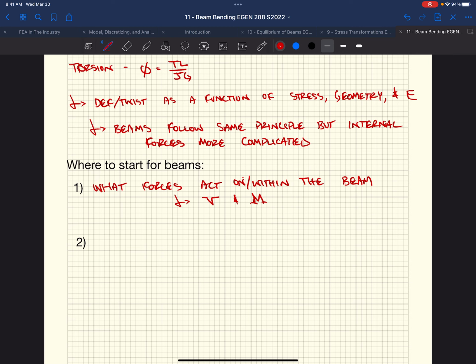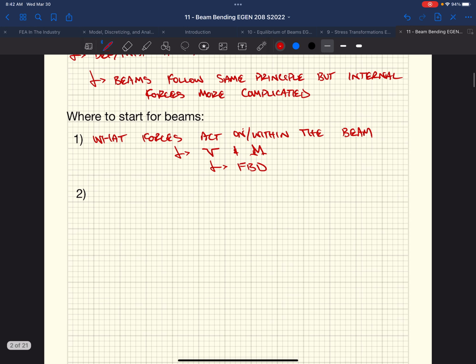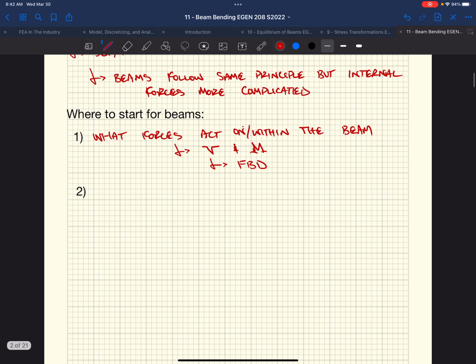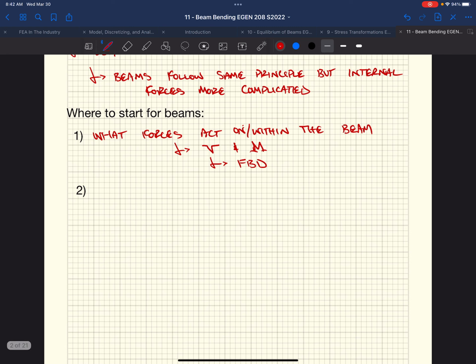You guys have done in 203. We get those forces with our trusty friend, the free body diagram, right? Always draw free body diagrams. That allows us to figure out external reactions, internal forces. From there, once we have forces, now we can figure out what stresses exist in the beam.